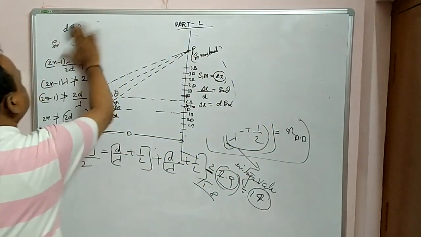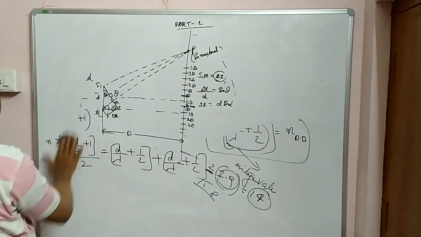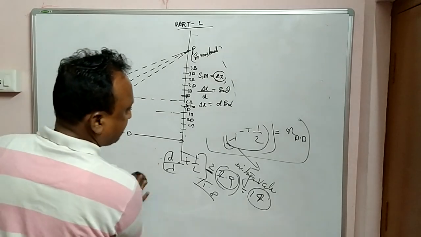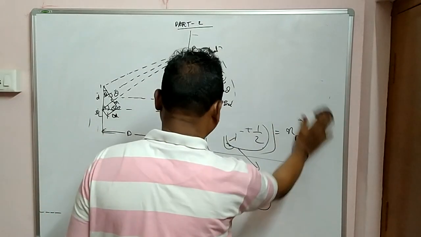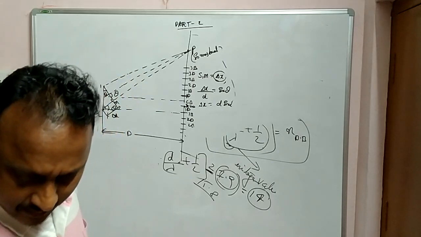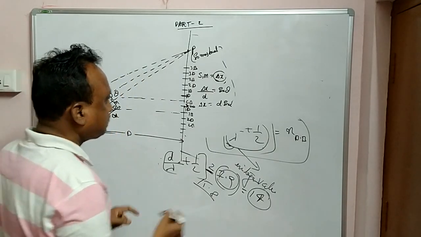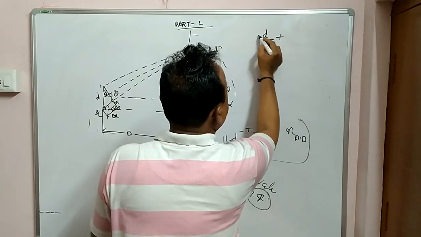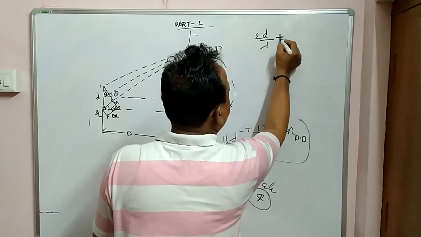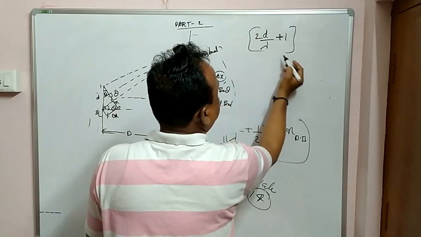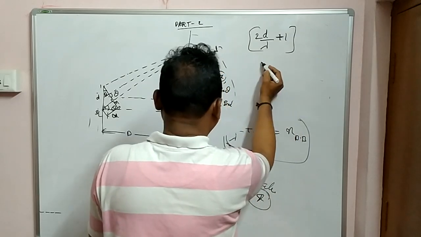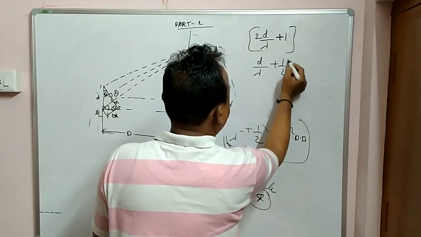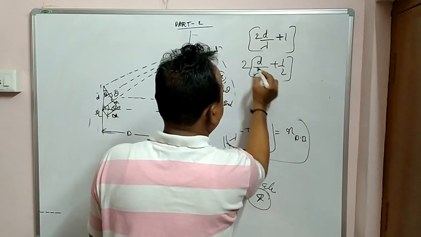Right, now let us go further in this chapter. So what did you get finally? 2 times 2d by lambda plus 1 for bright, and the next one is d by lambda plus 1 by 2, 2 times.